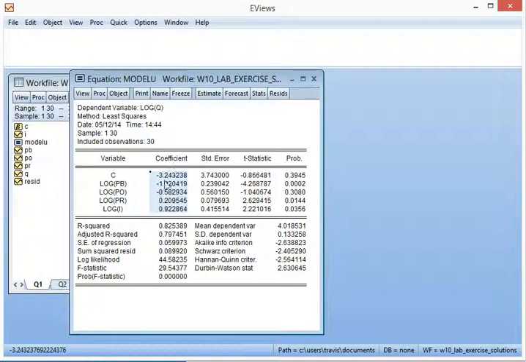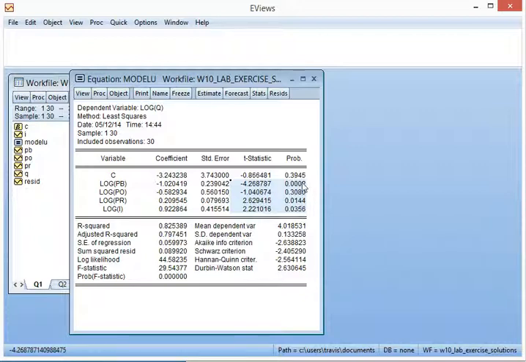Not only do we want to look at these signs here, we also want to look at the t-test that is considered over here for each of the coefficients in the model, and specifically its slope coefficients that we're interested in. We want to check to see whether each of these variables is statistically significant, which will occur when the test of significance that is conducted here is rejected, and that will occur when we have a very low p-value.